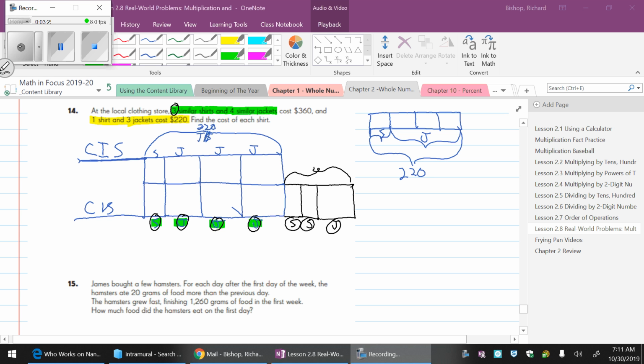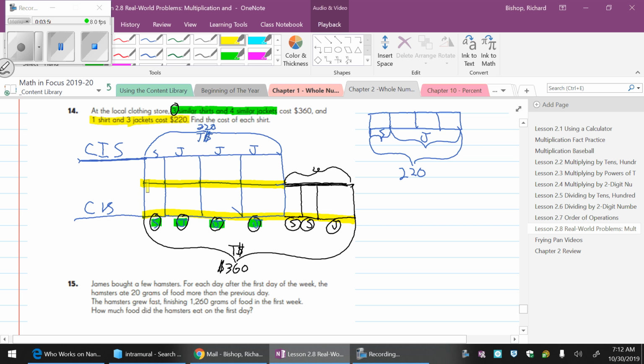So now we're looking at the bottom as a total of $360. Total money for the items on the bottom. So there's a difference, there's a gap between the total of 360 and the total of 220.